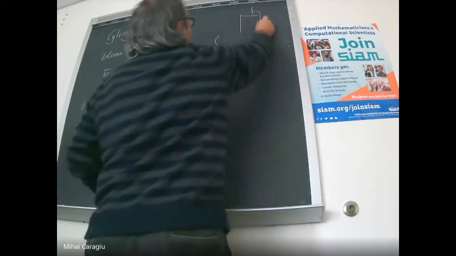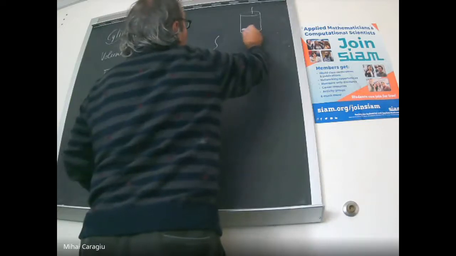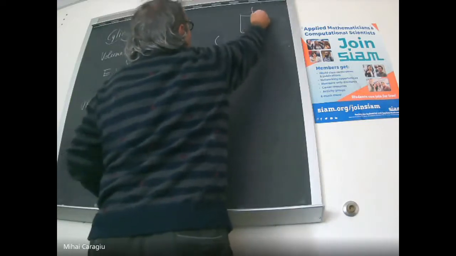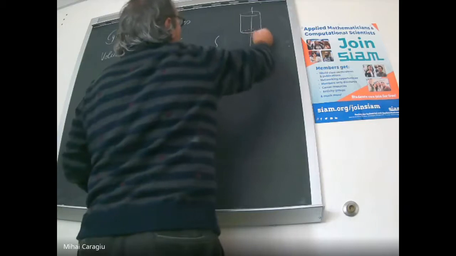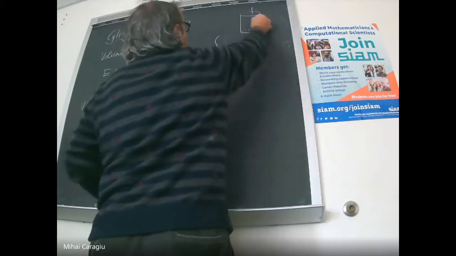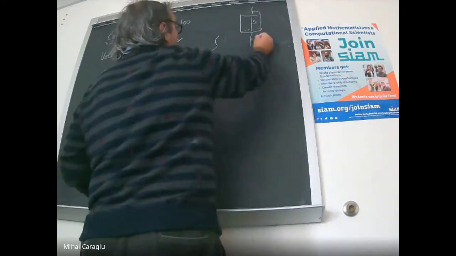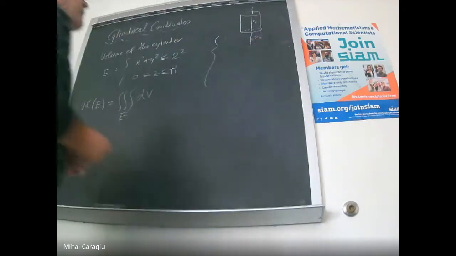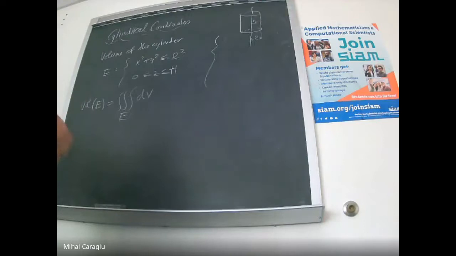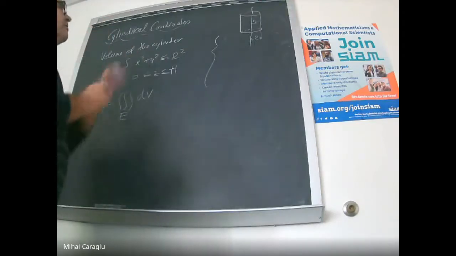And the variable r is between 0 and capital R. So small r as a cylindrical coordinate is the distance to the z-axis.